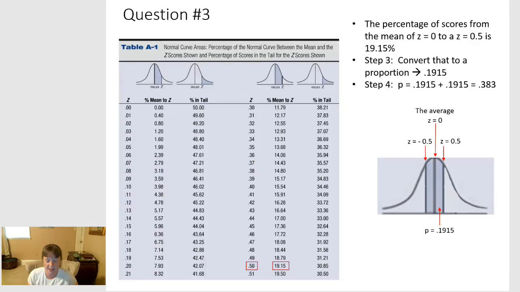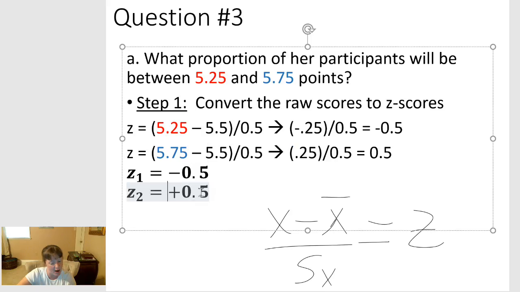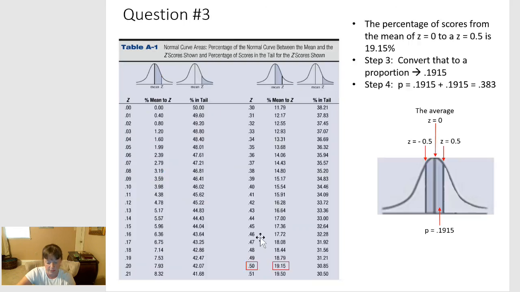And here is just a snapshot of the standard normal table. And so let's go back to our previous problem. Here I had calculated the z's of negative 0.5 and positive 0.5, right? And so I can use this table to find the z of 0.5, which I've boxed in red there for you.